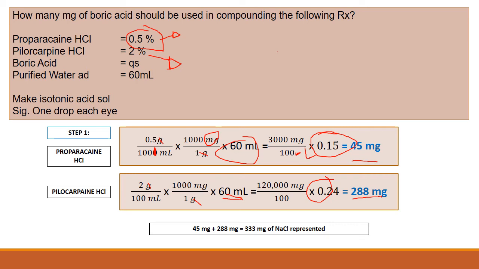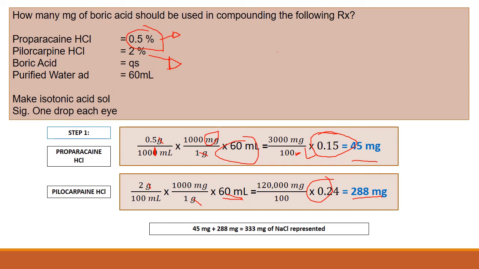So we have here 2 times 1000 times 60 over 100, so we have 120,000 milligrams per 100, times the E value for our pilocarpine HCl, which is 0.24. So our answer would be 288 milligrams. That is for our sodium chloride equivalent.